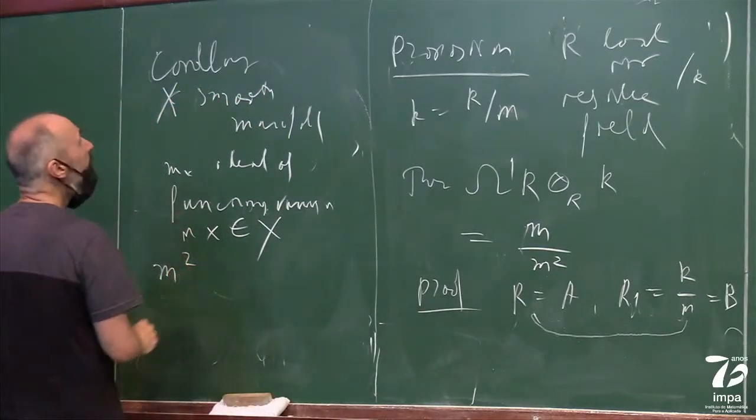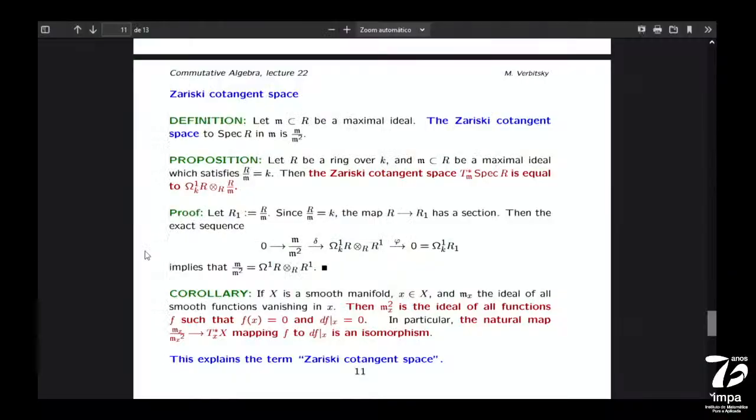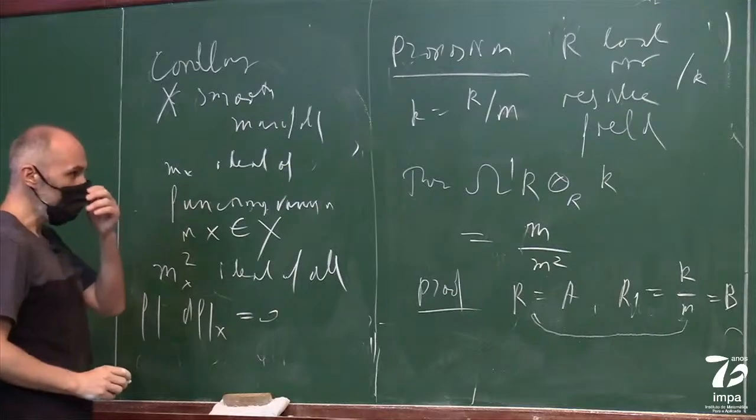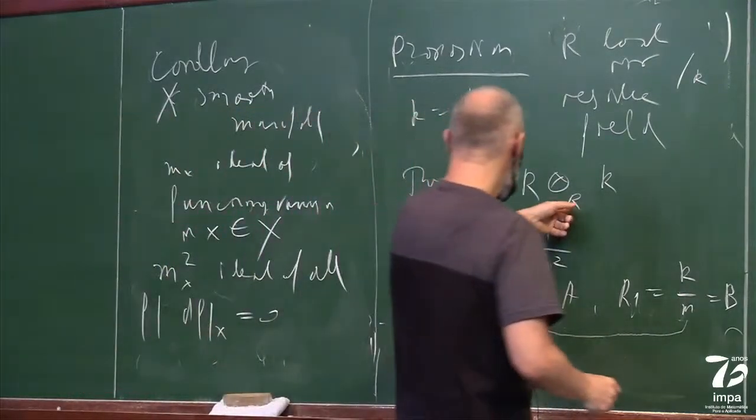M squared, this is something we discussed already, is the ideal of all functions f such that df restricted to x is 0. This is because of that property, right?